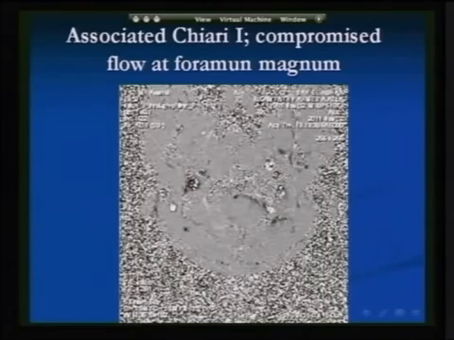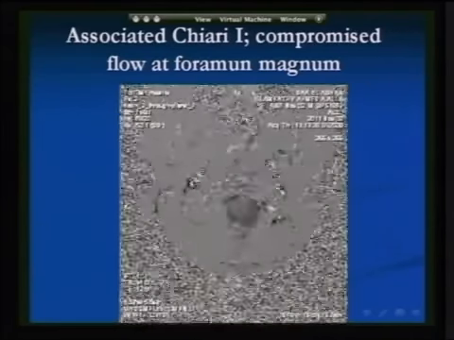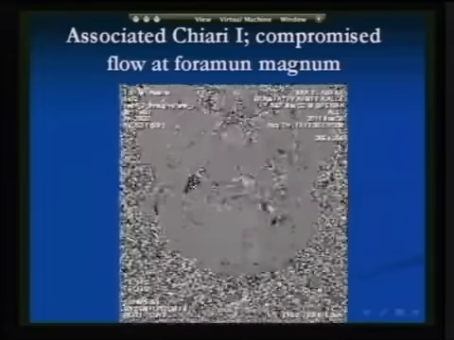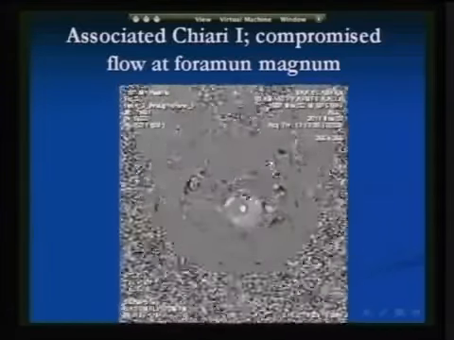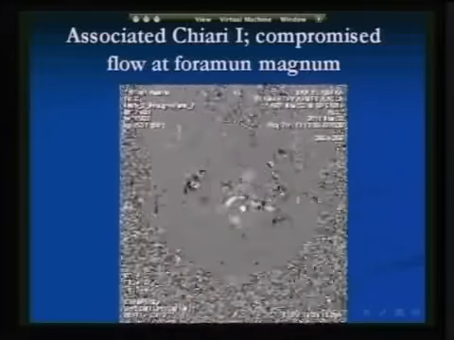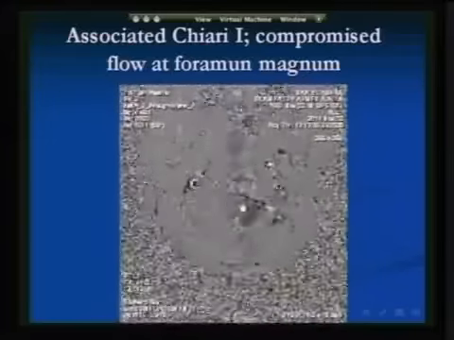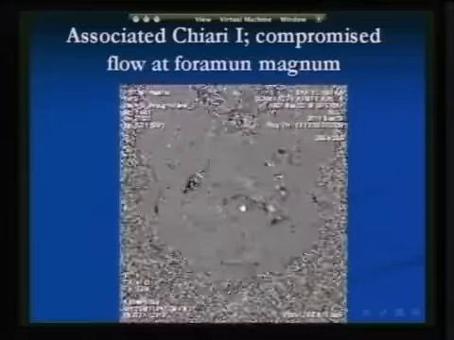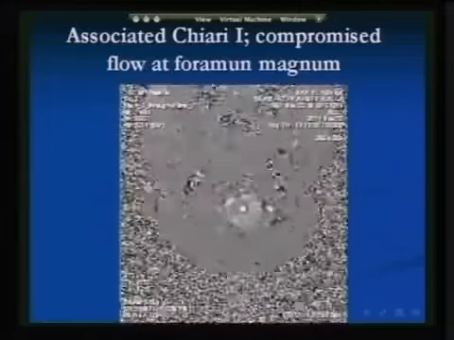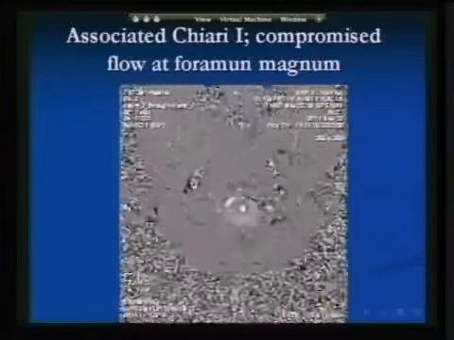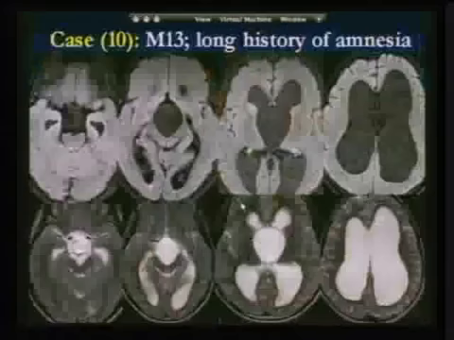And we can see this flow alteration and this aliasing denoting compromised flow at the foramen magnum secondary to Chiari-1 malformation as the real cause of the headache, while the aqueductal stenosis, which was neglected for a long time, is totally compensated by the spontaneous third ventriculostomy.